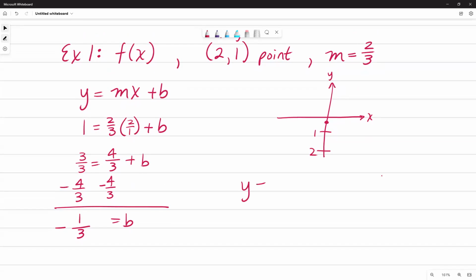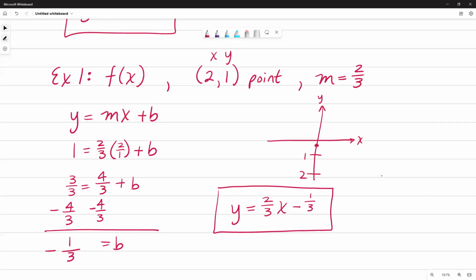So again, I'm going to go back to my slope form. y equals slope, which is 2/3 x, and then I just calculated my y-intercept, which is -1/3. And there is my final linear equation for the graph that goes through (2, 1) with a slope of 2/3.